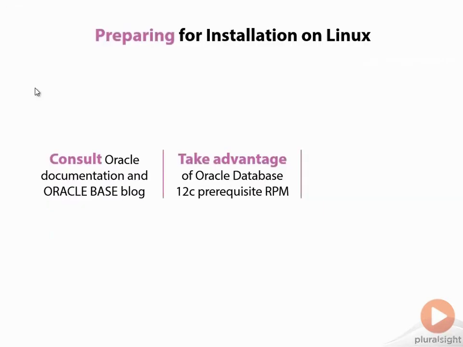The next step in installing on Linux, after we take care of the release notes, the quick install guide, and look at some recipes, is that we want to take advantage of the Oracle Database Prerequisite RPM. What is this? Well, I'm going to show you in the demo, but the long story short is that Oracle has a Red Hat Package Manager RPM package that you can run.